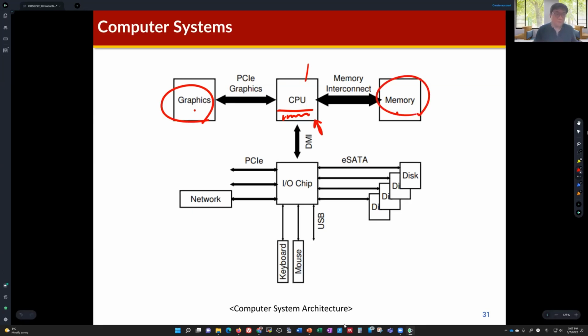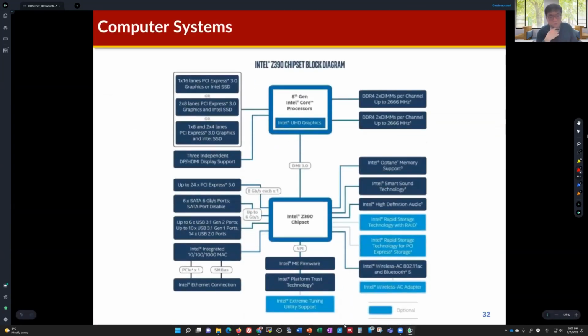How about the I/O devices? I/O devices are still slow, so these slow devices are managed by I/O chips. It's the mainboard chips. This is an overall view of modern computer systems. If you find some motherboard chipset information from the internet, then you can find similar figures like this.